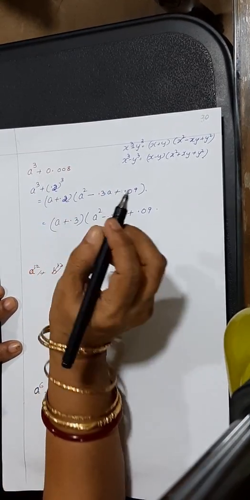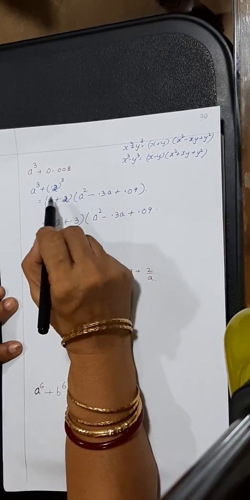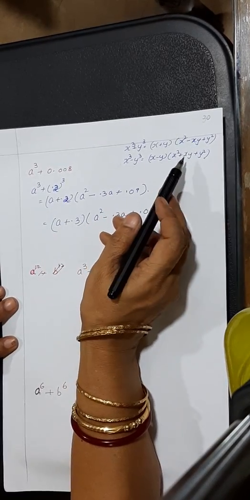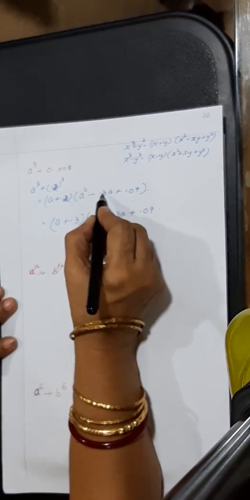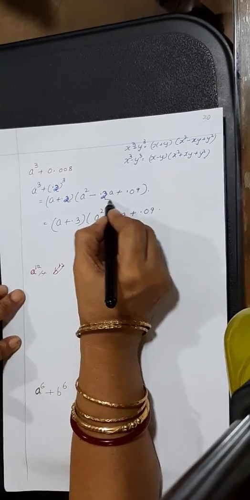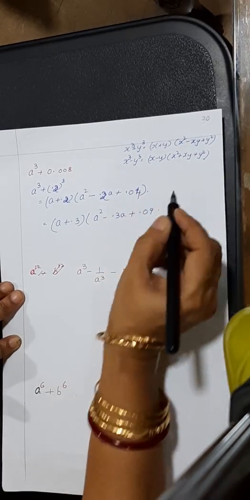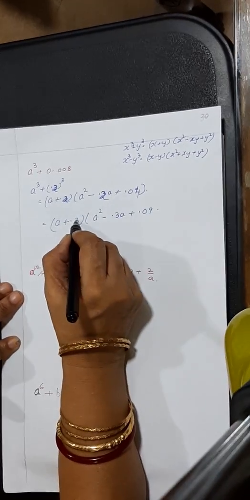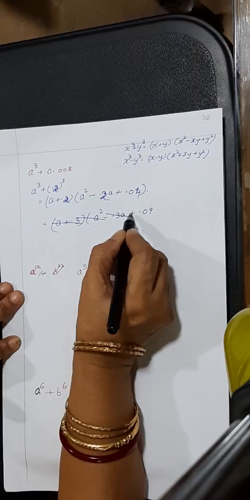I made a mistake. So a plus 0.2, into a squared minus xy, so 0.2 into a, and 0.04. So this is it. No need of rewriting.